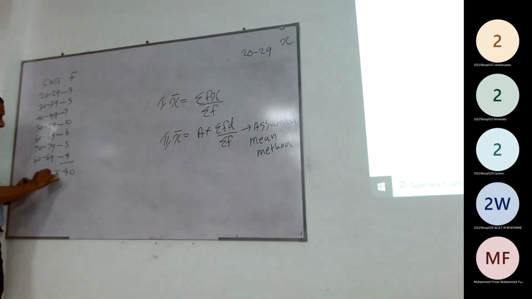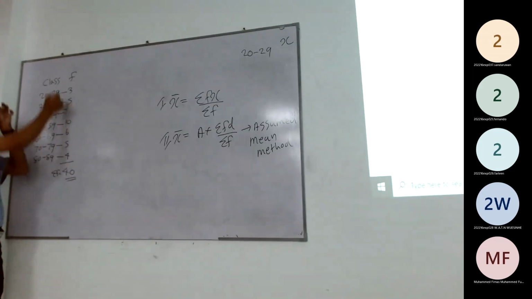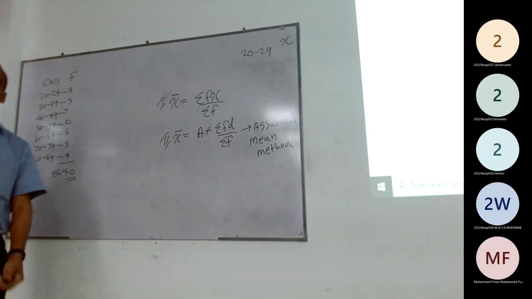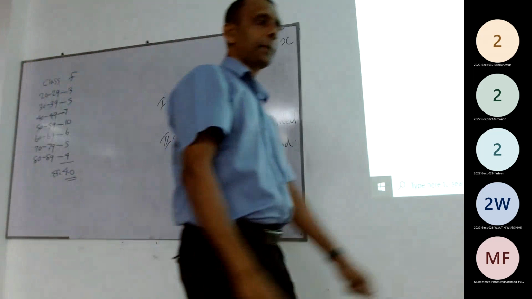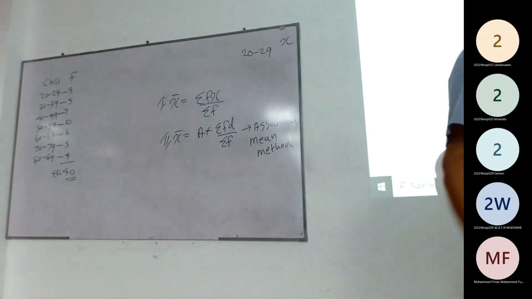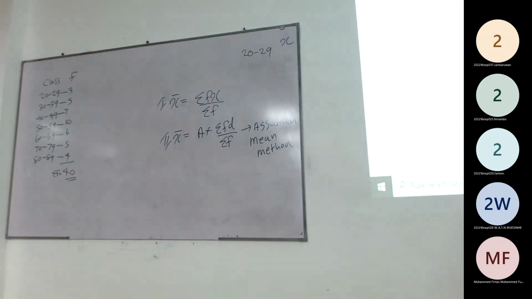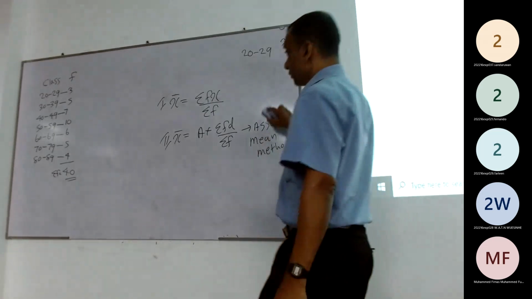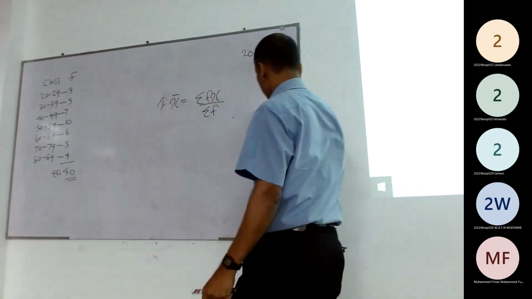This 40 is sigma f, how do you know? Summation of frequency. Right, first we apply this formula.